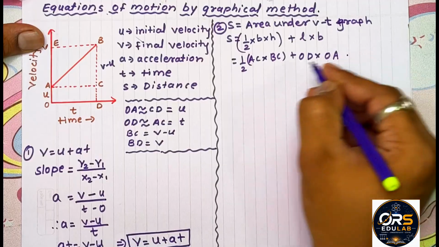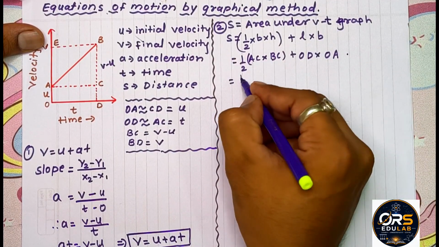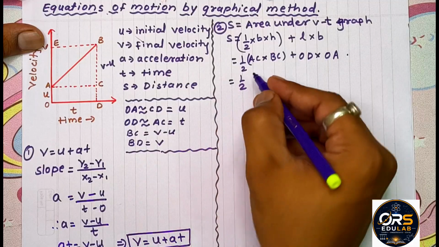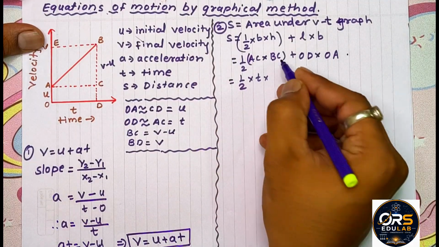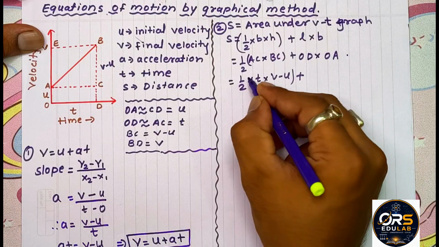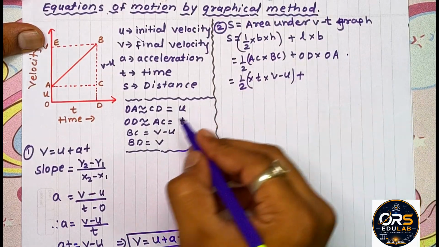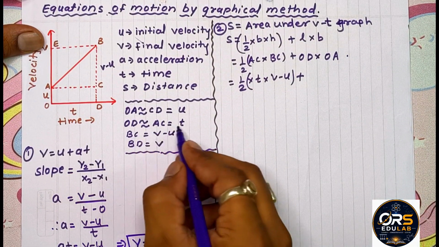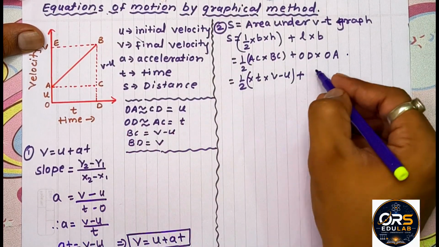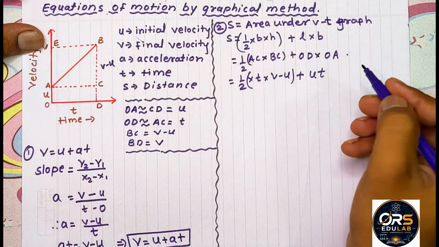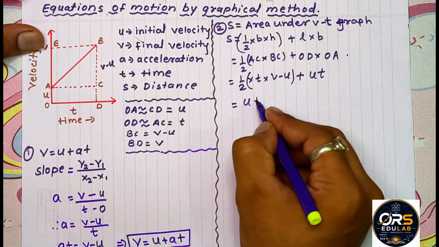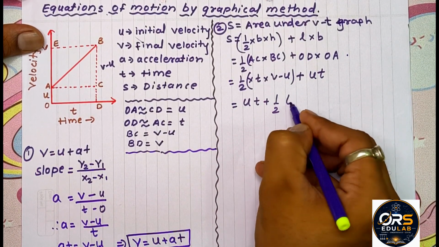So by putting the values, half AC is equal to T into what is BC here? V minus U, plus bracket OD. OD is equal to T, and OA is U. So rearranging this equation, I will write the first term as UT, plus half as it is, T as it is.